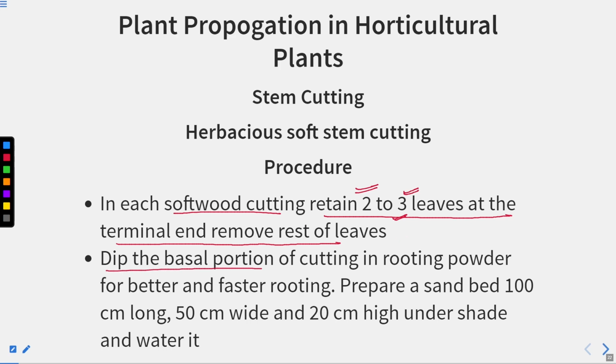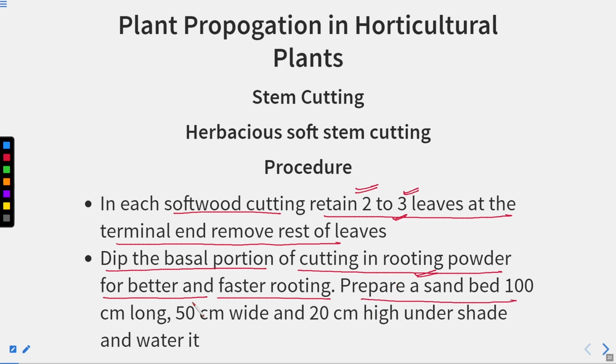Dip the basal portion of the cutting in rooting powder for better and faster rooting. So there is a rooting powder. When you dip the base of the stem in this powder, it helps the root grow faster.